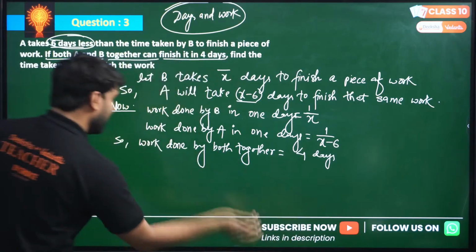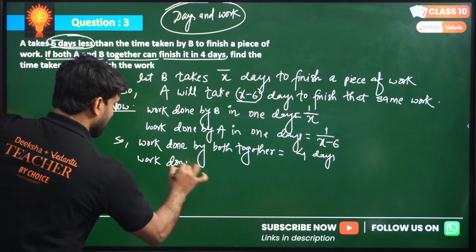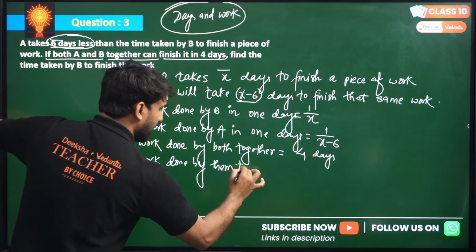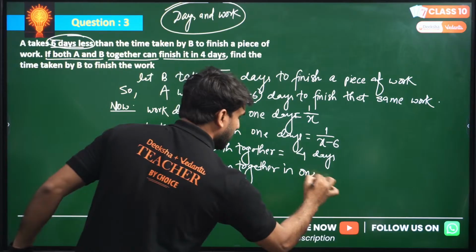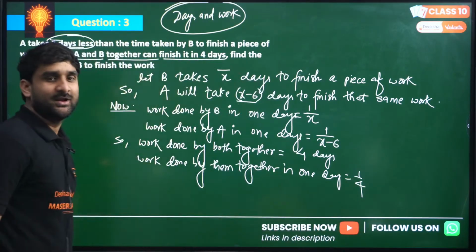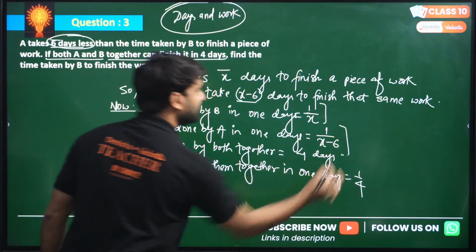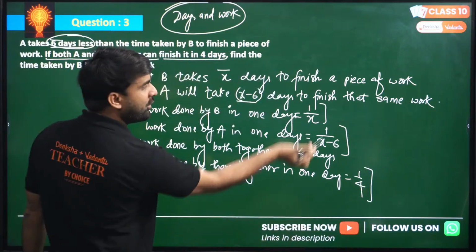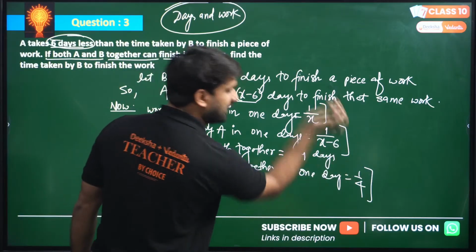So in 1 day, work done by them together will be what? Reciprocal, 1 by 4. Now, 1 day for B is here, 1 day for A is here, and 1 day if both work together is this. So 1 by X plus 1 by X minus 6 equals 1 by 4.